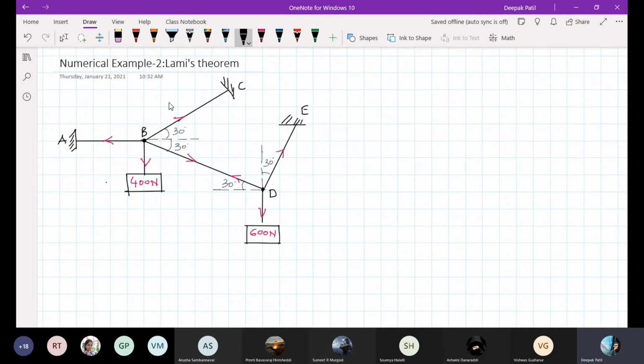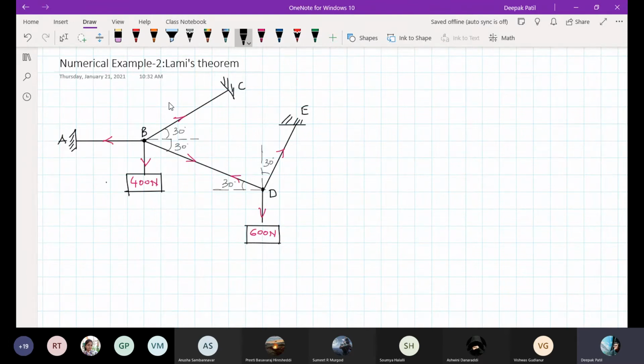Point D, sir. Why point D? Sir, three concurrent forces are there. Yes, point D is the perfect answer because at point D only three concurrent forces are there. But at point B, how many are there? 1, 2, 3 and 4. Four concurrent forces are there at point B, but at point D we have only 3. So I can apply Lami's theorem at point D only and not at point B. What will happen at point B, I will come to that part later.